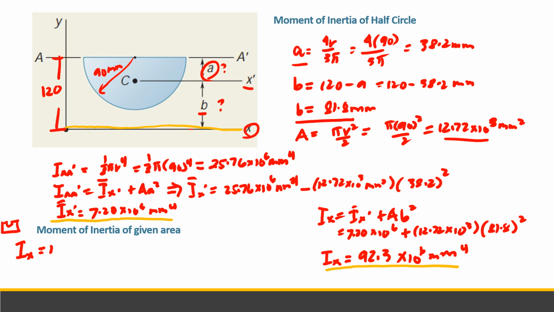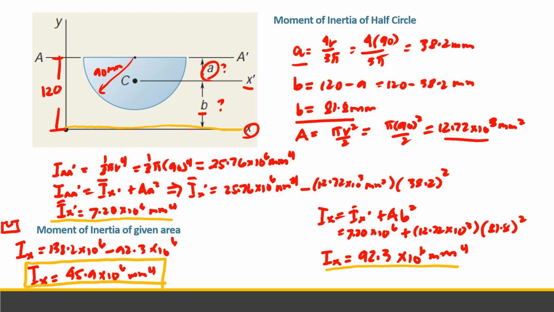So this is 138.2 for the rectangle minus, so here the moment of inertia becomes negative. It is only subtracted because our area is negative. In general, the moment of inertia with respect to a given area is always positive, but for a composite it depends on the area, times 10 to the power of 6. So the moment of inertia of the composite area is equal to 45.9 times 10 to the power of 6 mm to the 4. This is the moment of inertia.